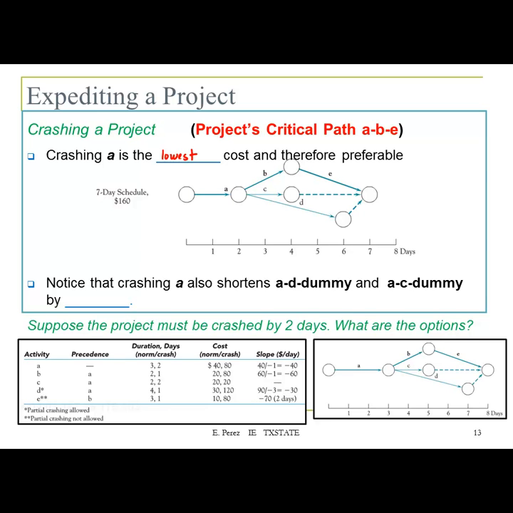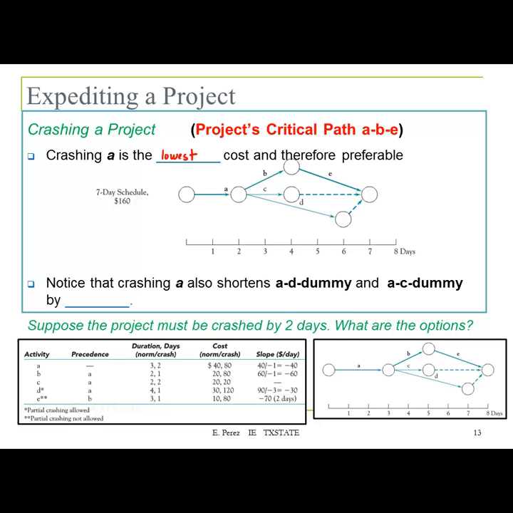So we add $40 to our cost, but we shorten the total duration of the project by 1 day. Notice that crashing A also shortens the dummy activity. You're shortening this first activity, and you know that that activity will influence the rest of the network.